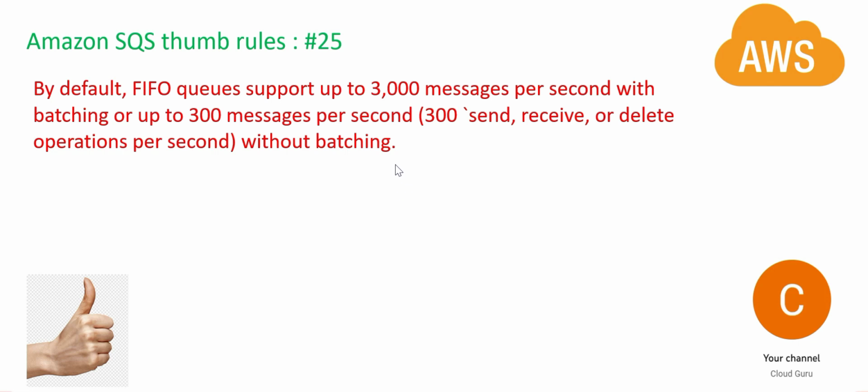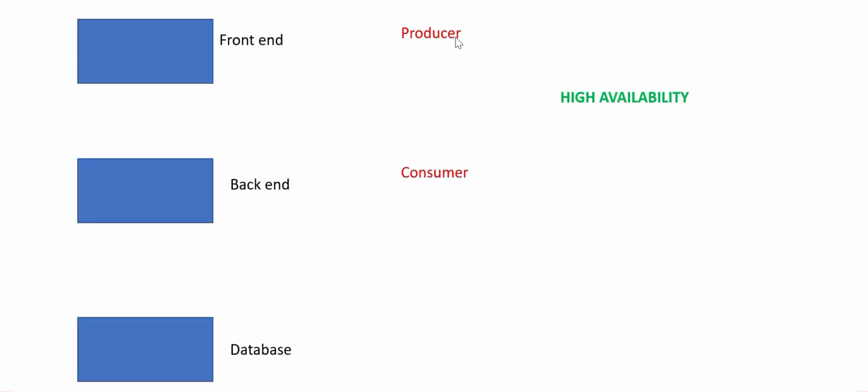Now this thumb rule is not important for the certification. It is good to know that it supports 3000 messages per second. Now in the cloud world, people are worried about high availability. What does that mean? This producer is sending messages to the consumer, and there are so many messages kept in the queue, and the consumer is consuming them one at a time.